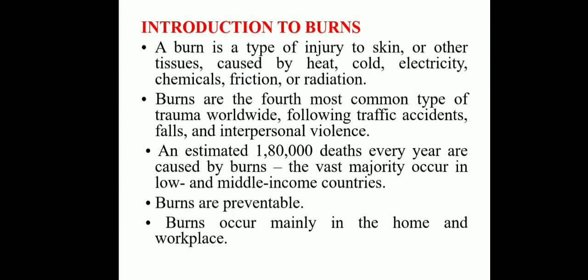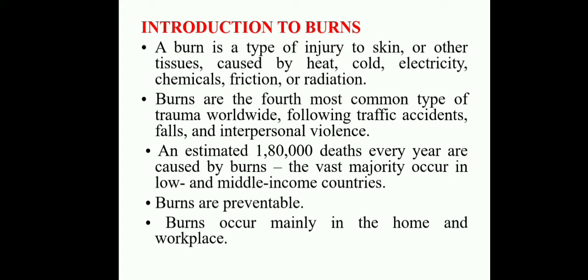Okay, first, introduction of the burns. A burn is a type of injury to skin or other tissue caused by heat, cold, electricity, chemicals, friction or radiation. Burns are the fourth most common type of trauma worldwide, following traffic accidents, falls, and interpersonal violence.